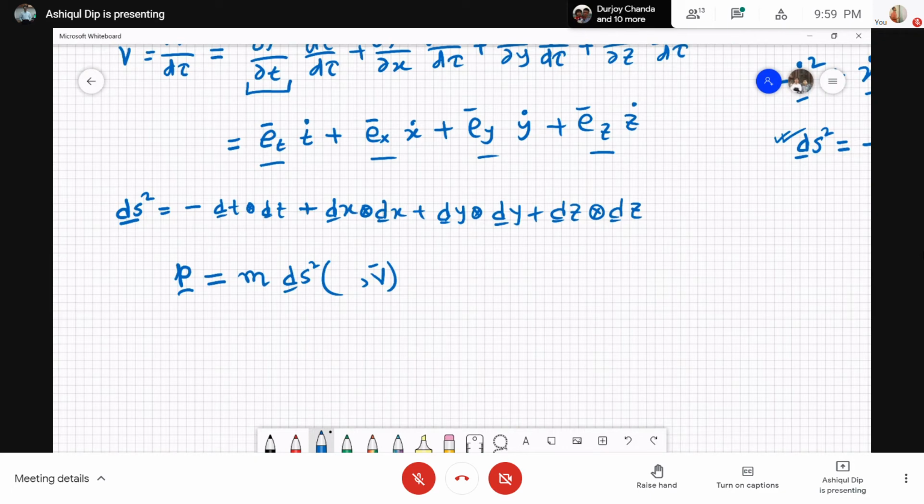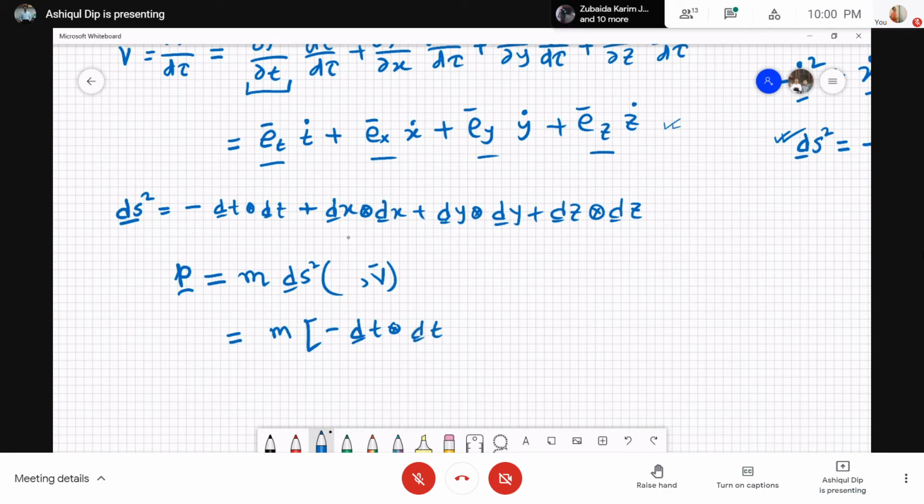Okay, so what it should be then? You know your velocity, you know your mass, then what it should be? Like the momentum. Do I need to show it explicitly? So you have your mass, then dt times dt.